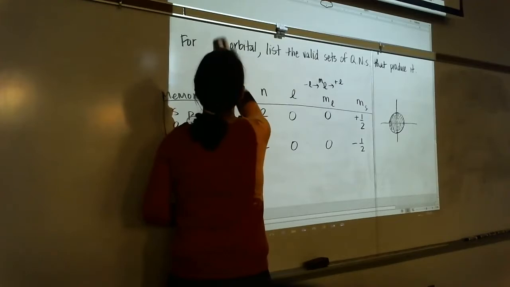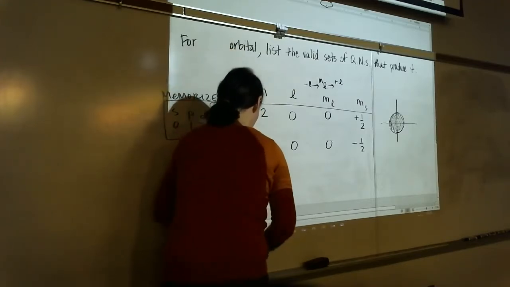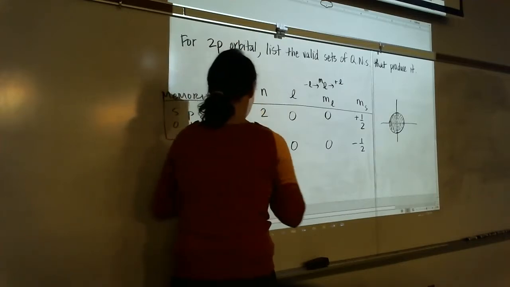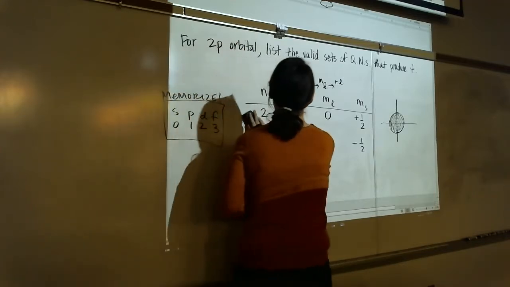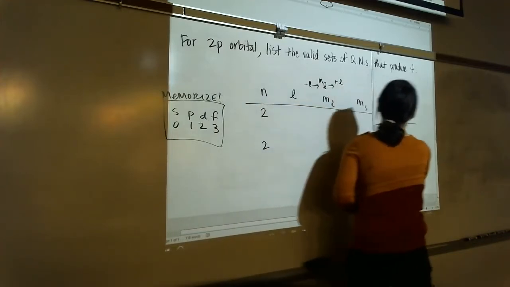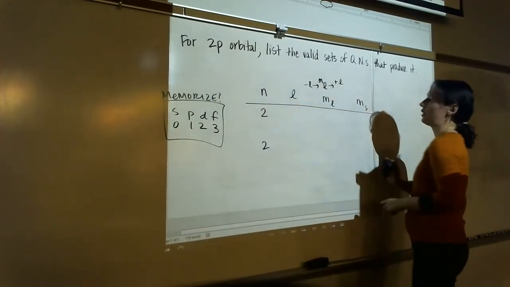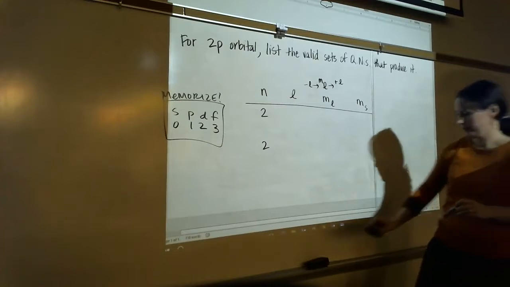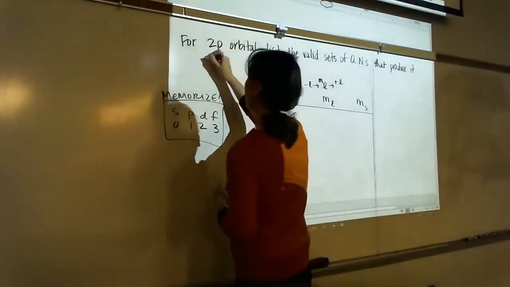Let's do a 2p orbital. List all the ways that we could come up with a 2p orbital. Okay, the value here at the front is still n.